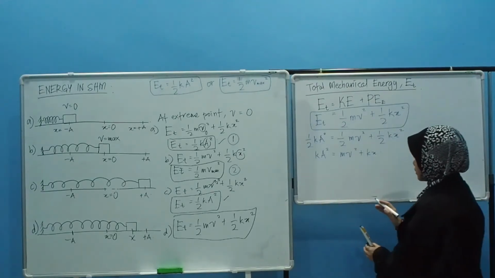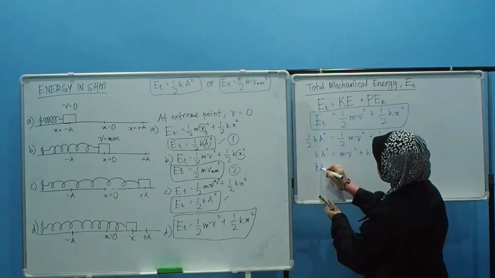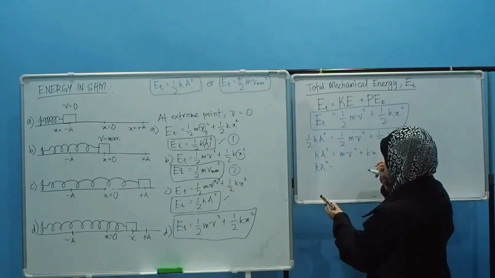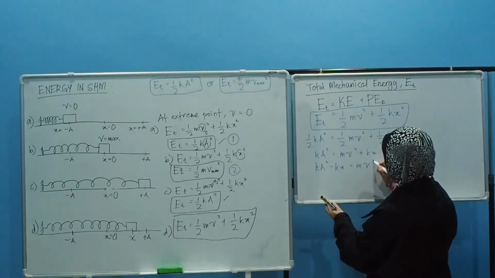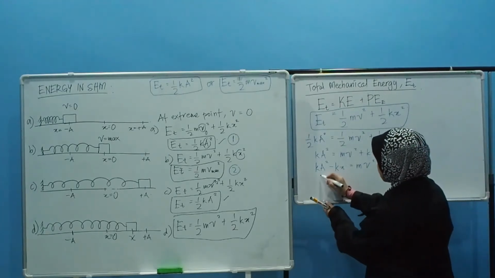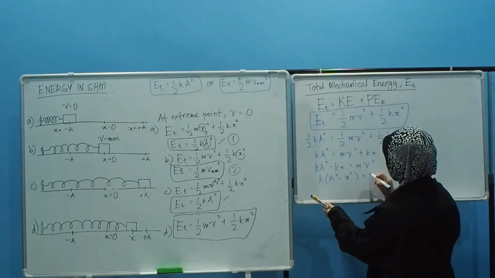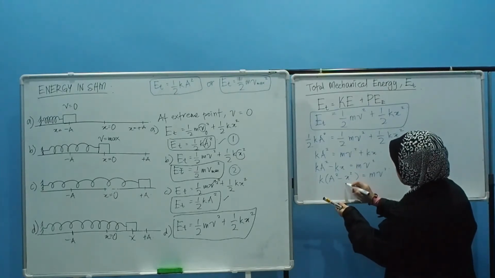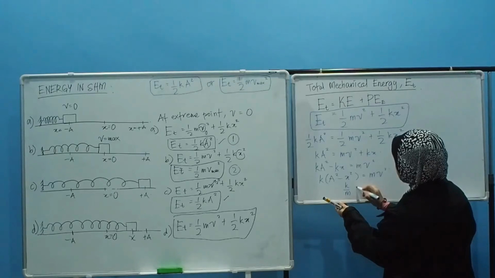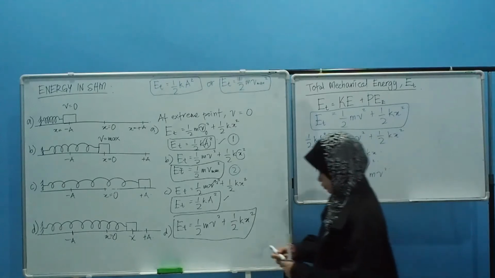Okay, so I bring k to one side. So kA squared minus k x squared is equal to m v squared. Here, factorize k, it becomes k times A squared minus x squared is equal to m v squared.